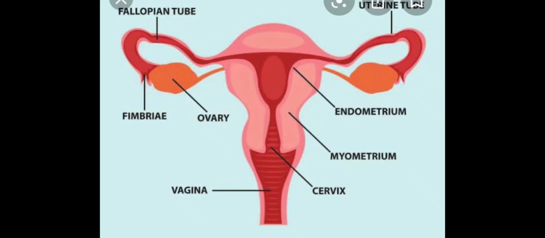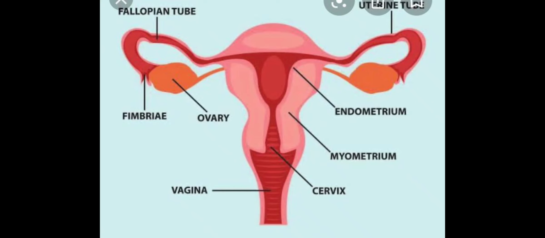The ovary basically produces the female gamete, which is ovum, by the process of oogenesis, and it also produces the two female hormones, that is estrogen and progesterone. The ovaries are located in the lower abdomen, one on either side, and they are connected to the pelvic wall and uterus by a ligament.